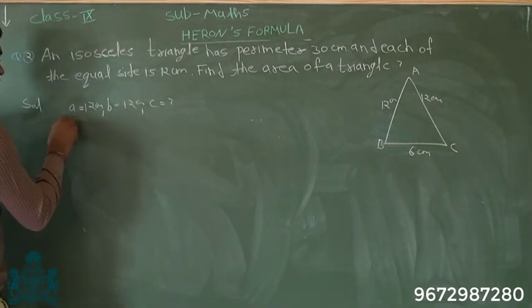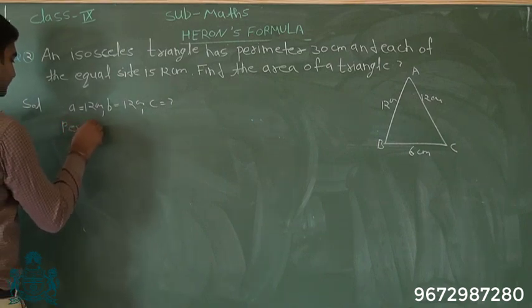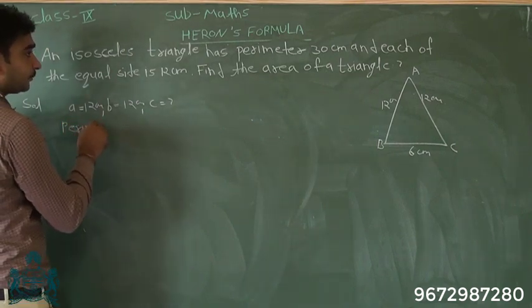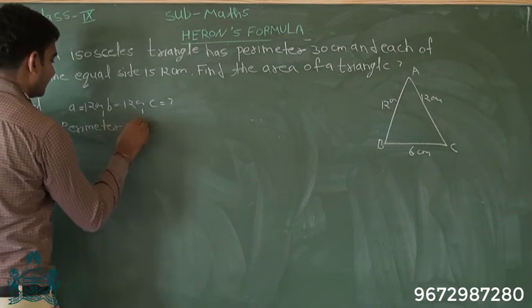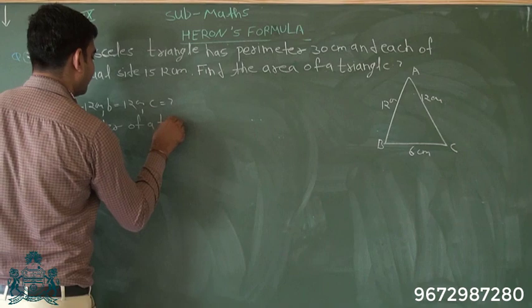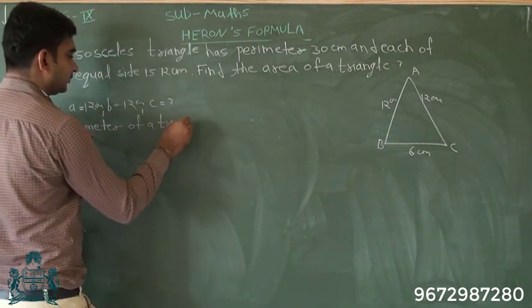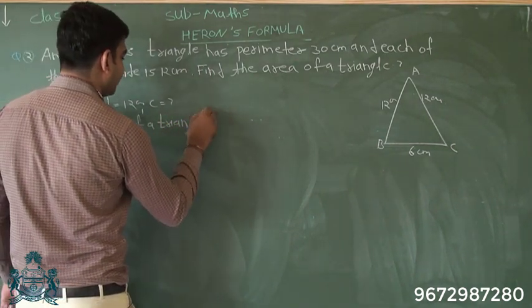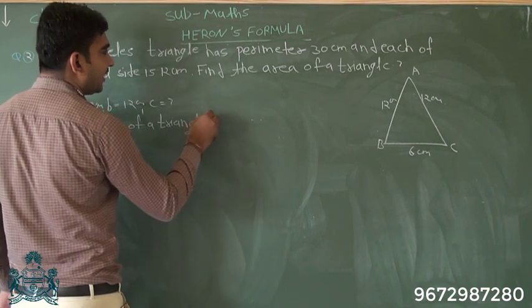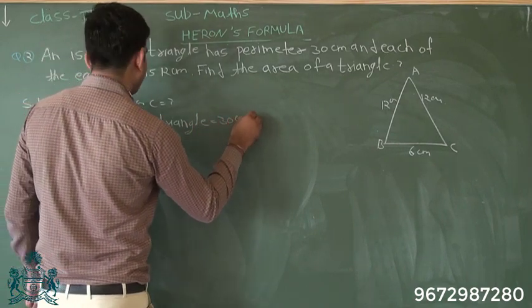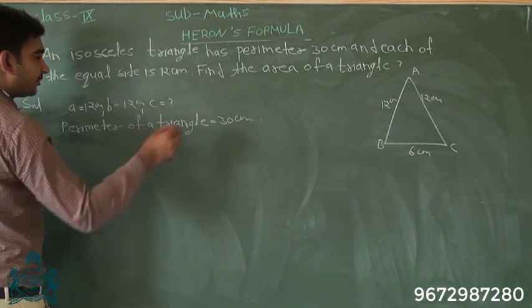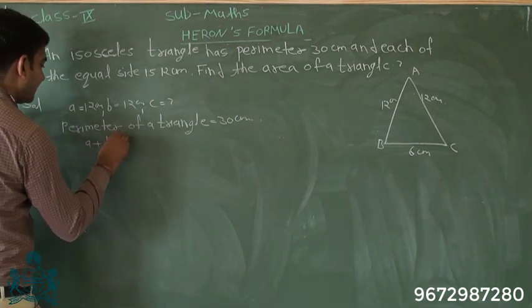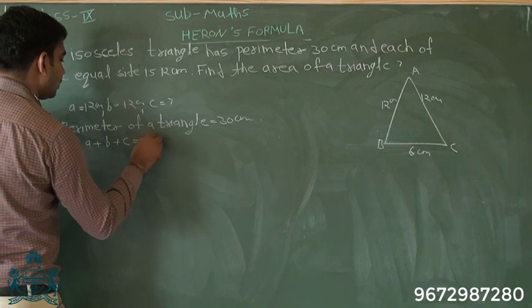So the perimeter of the triangle is 30 centimeter. The perimeter of the triangle, the sum of three sides, A plus B plus C equals 30.